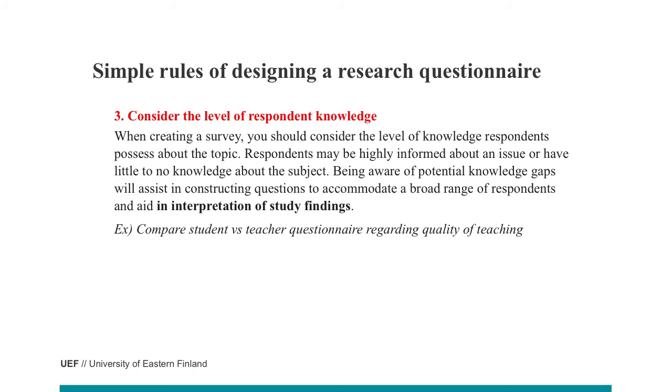And the third rule is consider the level of respondent knowledge. So you need to consider who your target is. If your targets are young students, you need to use kinder and easier words. So it's really important to consider the level of their knowledge.